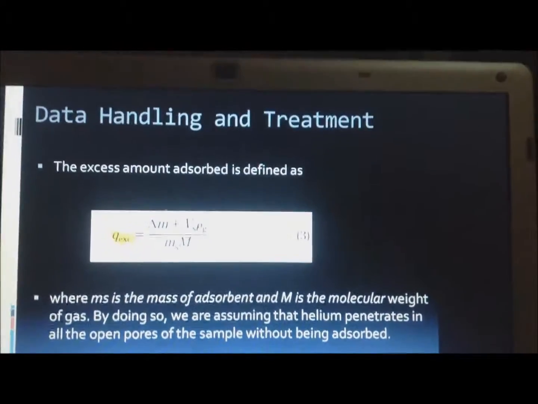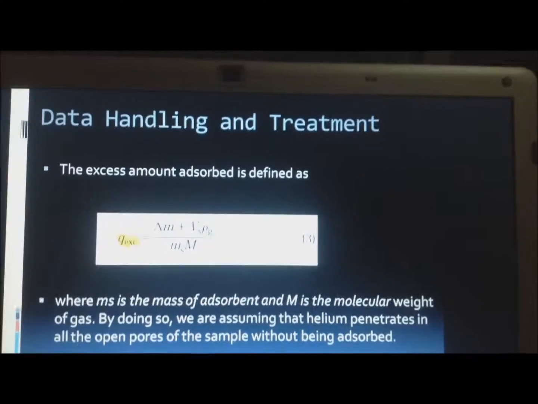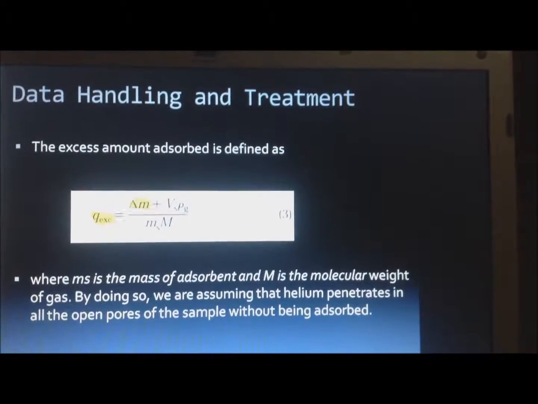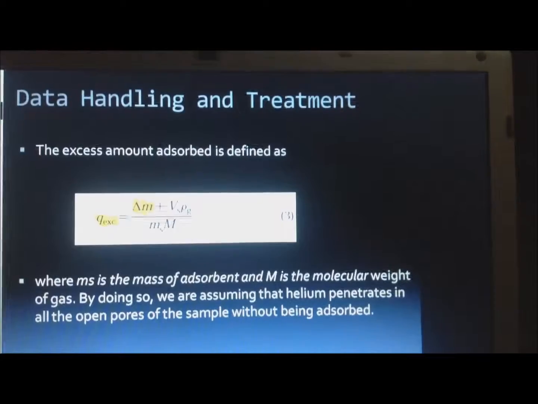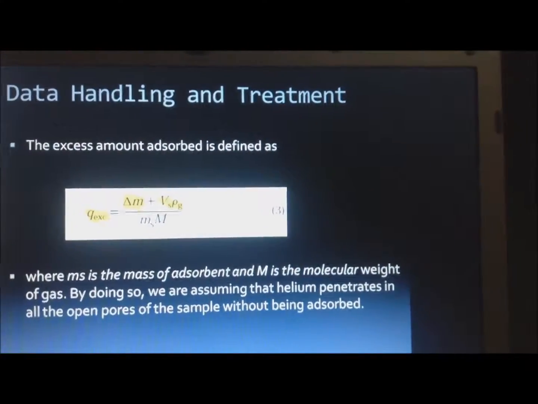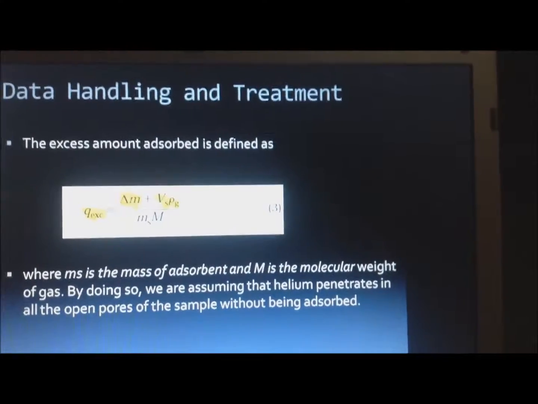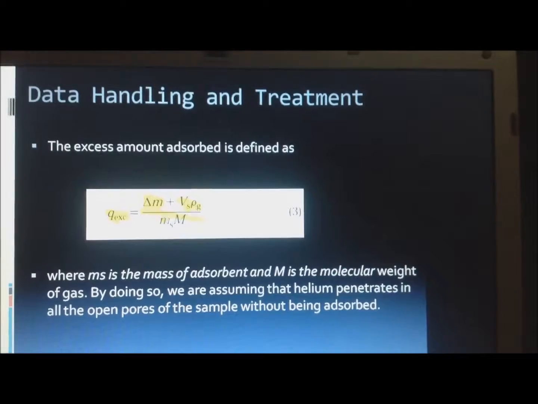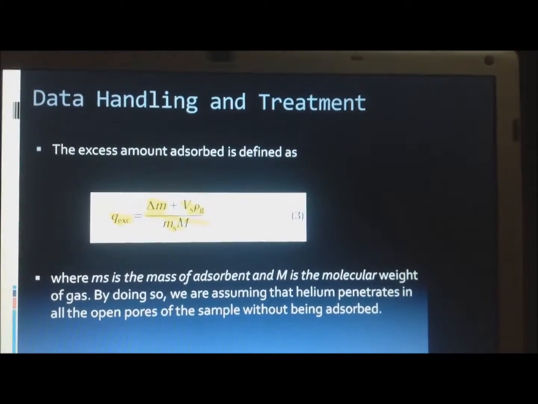While the excess amount adsorbed is defined as the microbalance signal plus the volume of the solid phase times the density of the gas phase over the mass of the adsorbent times the molecular weight of the gas.